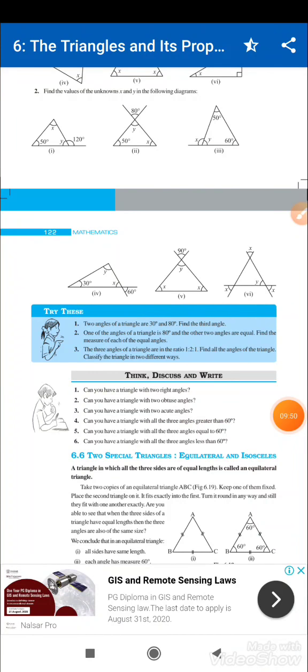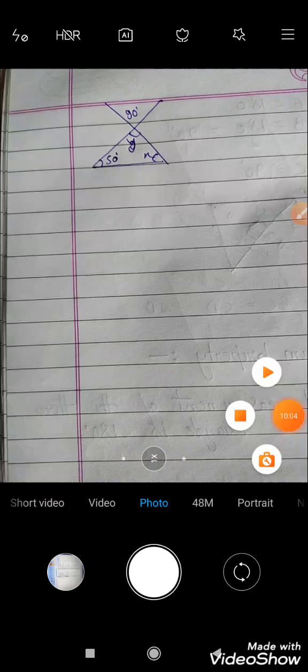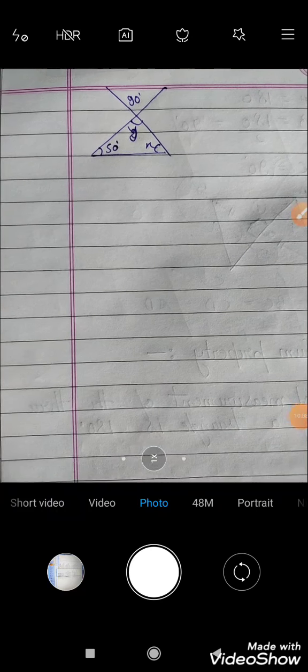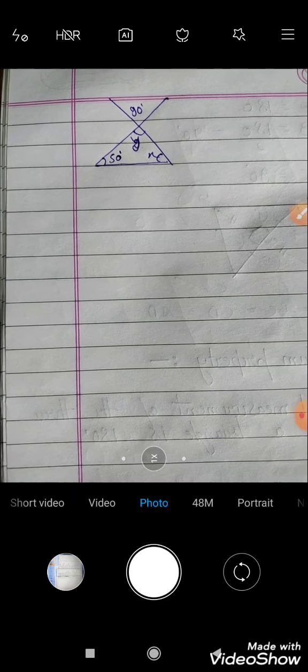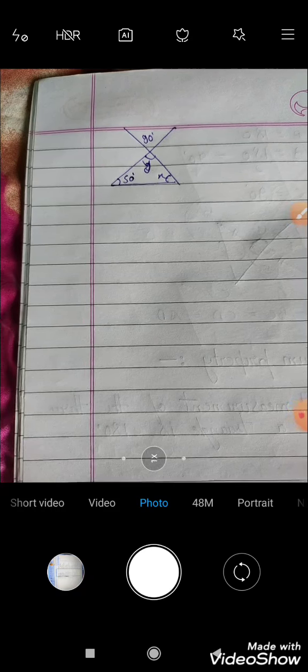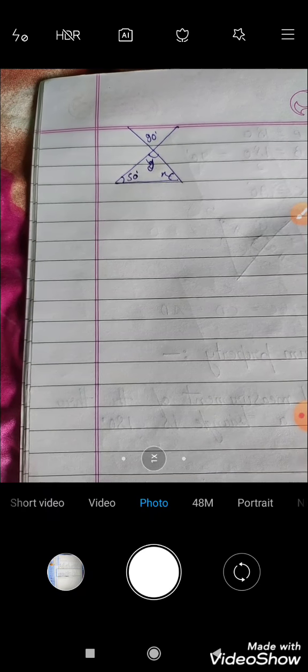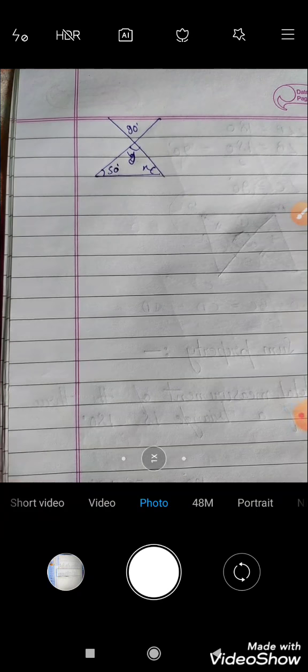Now move to second part of this question. In the second part, our triangle is given here, and we have to find out the value of unknown x and y. So as you can see here that y and 90 degree makes pair of a vertically opposite angle, and as we all know that the vertically opposite angles are equal in measurement.